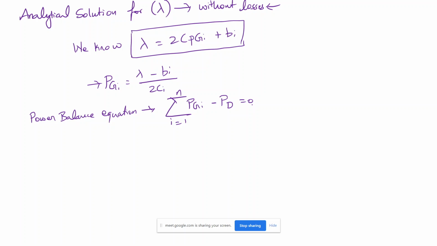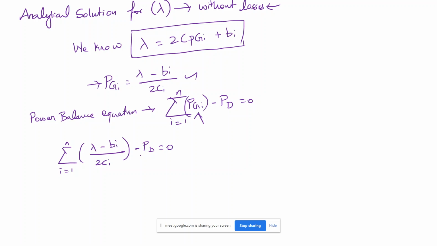Right? So from this power balance equation, if you apply this PG from here, then I will get summation i equal to 1 over n, and PG is nothing but (lambda minus bi) divided by 2ci, minus PD is equal to 0.